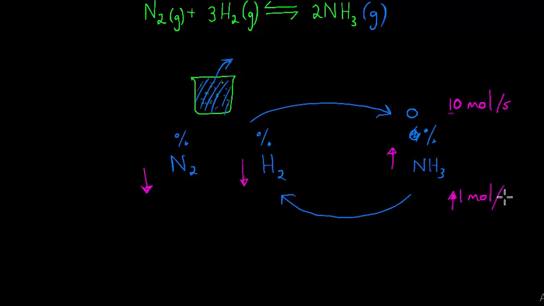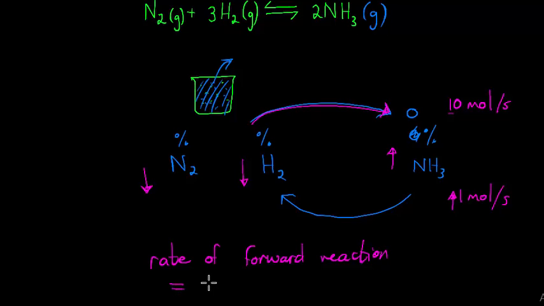This 1 mole per second is starting to increase. So at some point they are going to stabilize. The rate of the forward reaction at some point will be equal to the rate of the reverse reaction.